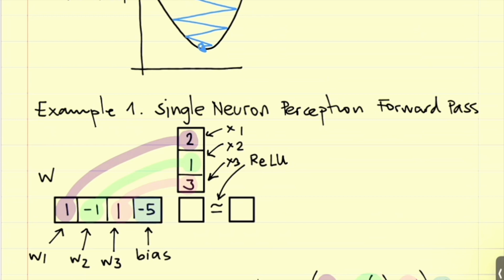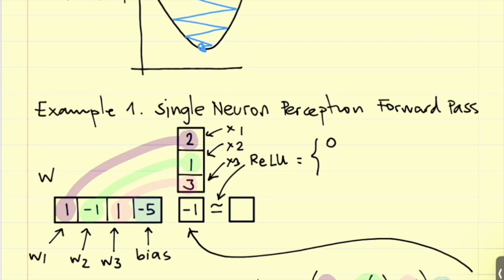If you guys do that, this goes to minus 1. So this is minus 1. But because we are applying ReLU, which is a function that gives 0 if x is smaller than 0, or x if x is bigger than 0.